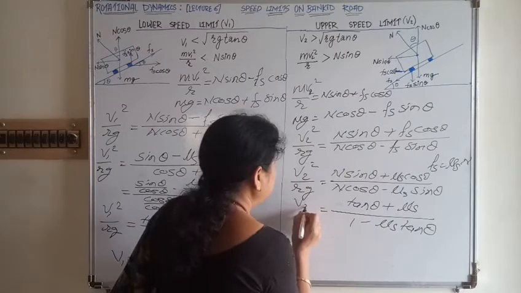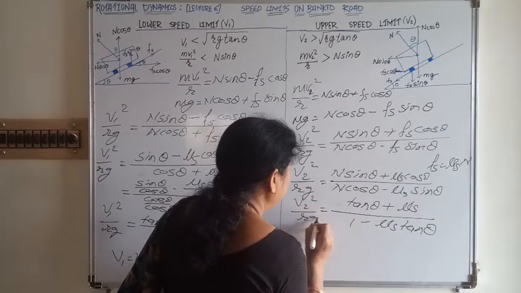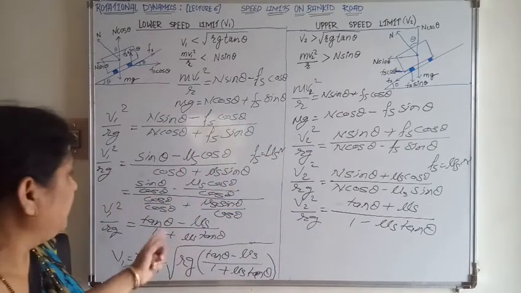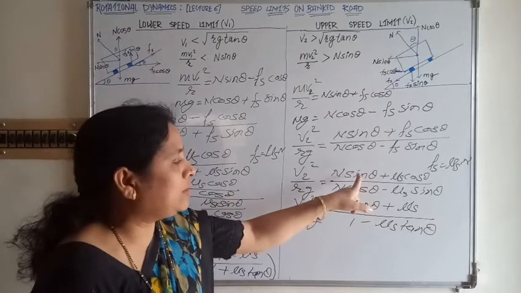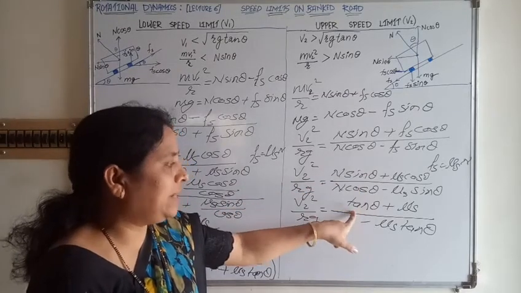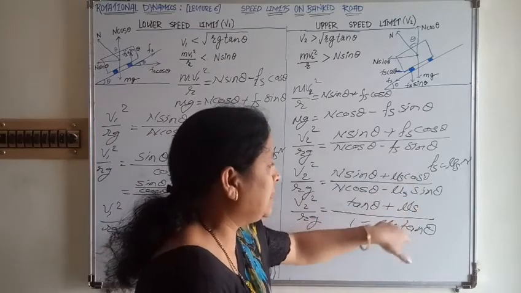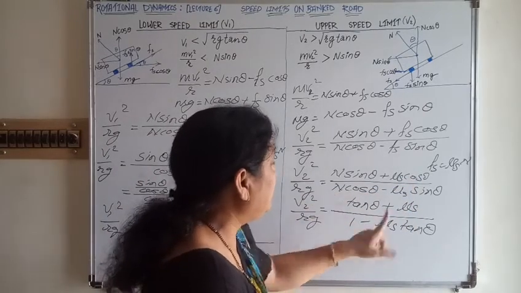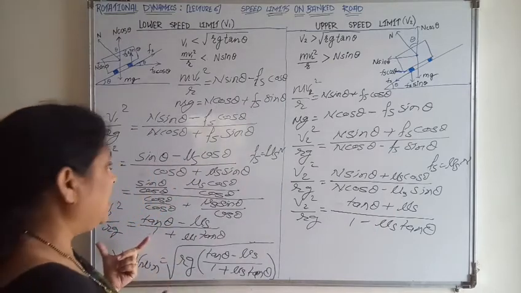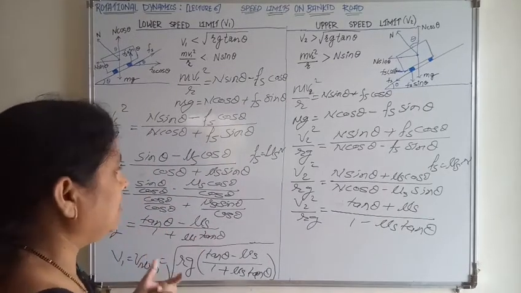See here, when we divide this equation by cos theta, sin theta upon cos theta gives tan theta, and cos theta upon cos theta gets cancelled. I get 1 minus mu s tan theta, and this is v2 square upon rg.